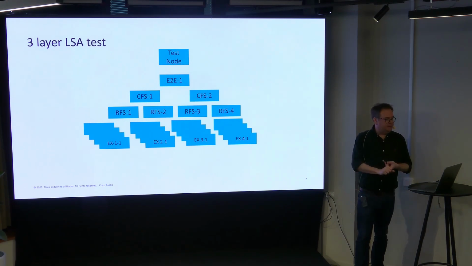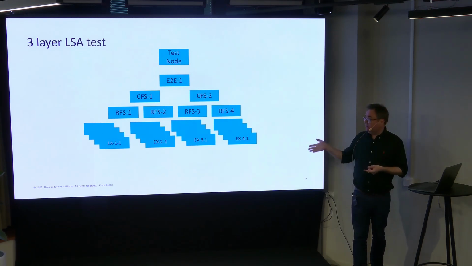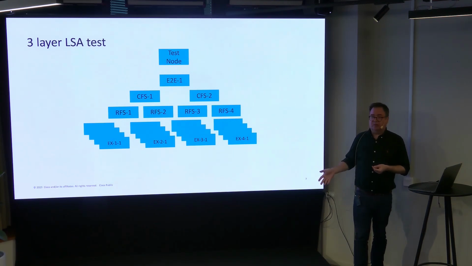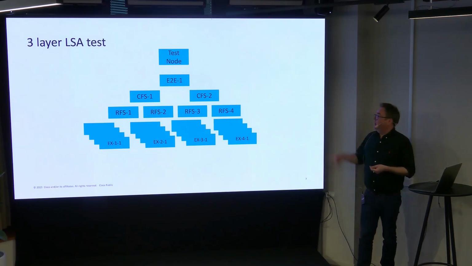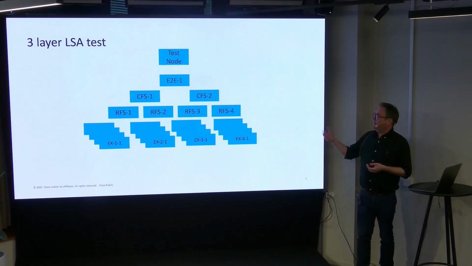Yeah, so this is the test setup that we have. It's a lot of nodes, and we run it on Docker in our tests. On top we have the test node, which is adding or creating services, and on the bottom we have the devices.